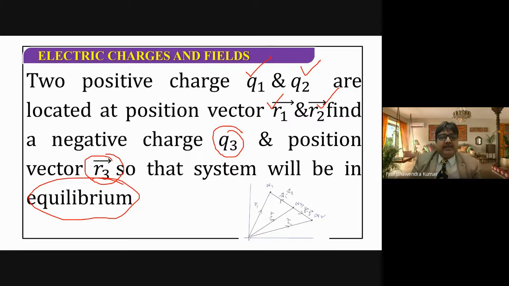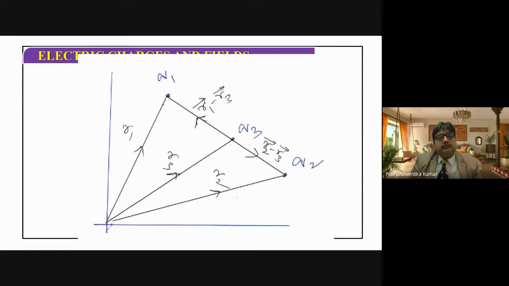We are talking about something like this situation. There is a charge Q1, there is a charge Q2, and there is a charge Q3. This is the diagram.